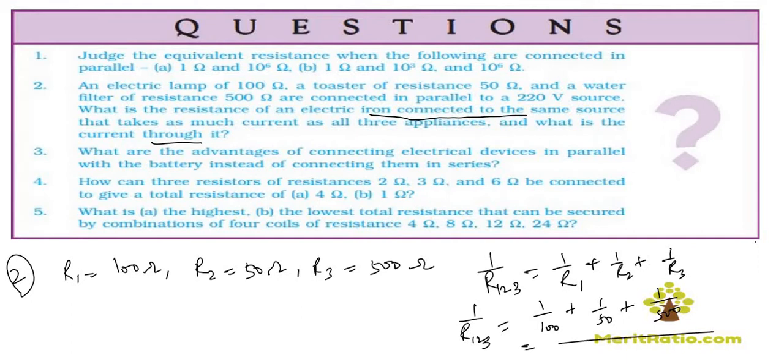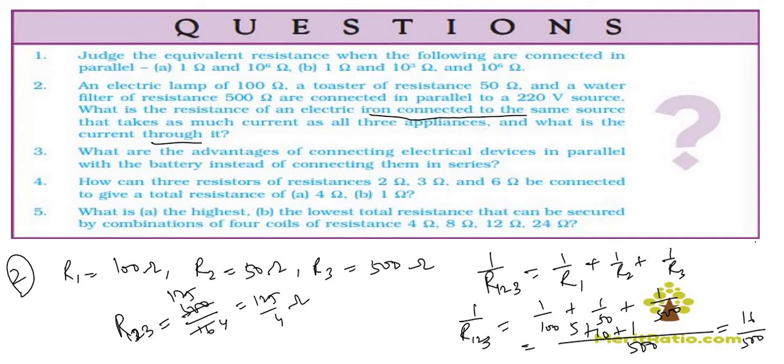The LCM will become 500, so 5 plus 10 plus 1, which is 16 upon 500. So R123 is equal to 500 upon 16. After dividing, you will get 125 by 4 ohm.